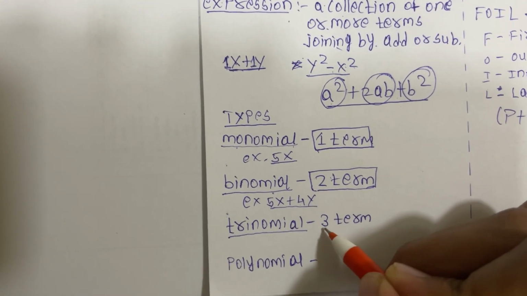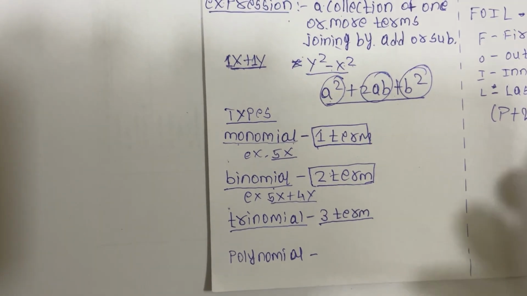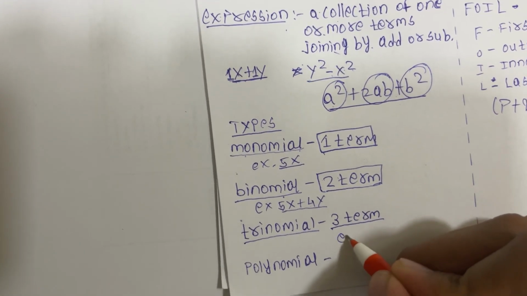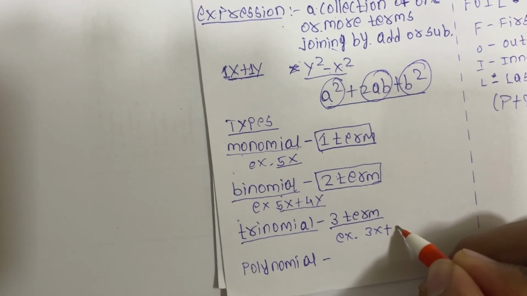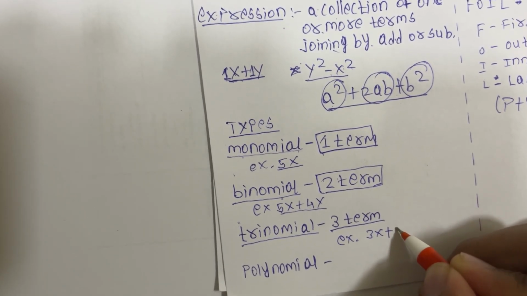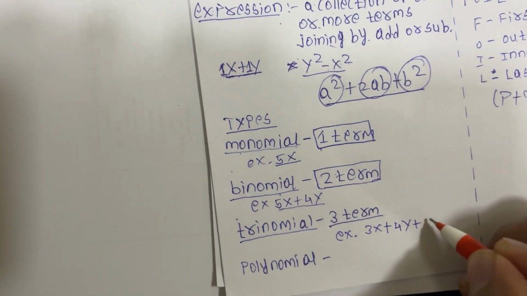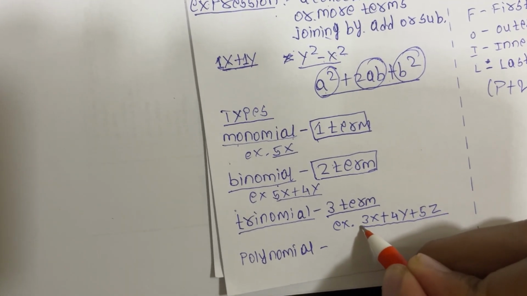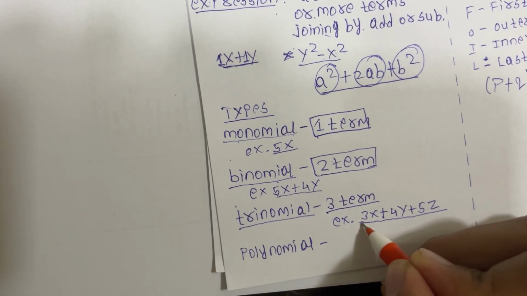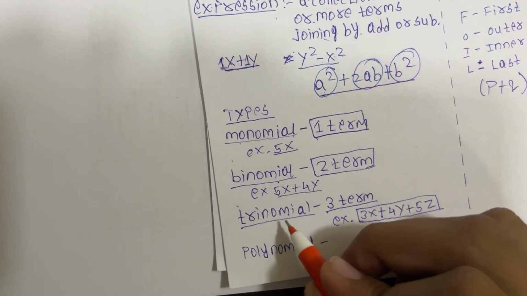Trinomial means an expression having three terms. For example, 3x plus 4y plus 5z. So these are three terms which are combined using addition. So this is called a trinomial.